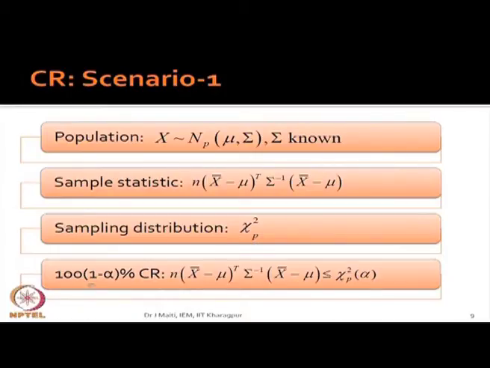And what is your 100 into 1 minus alpha percent confidence region? This quantity will be less than or equal to chi-square p alpha, and the probability that this quantity is less than or equal to this is 1 minus alpha.